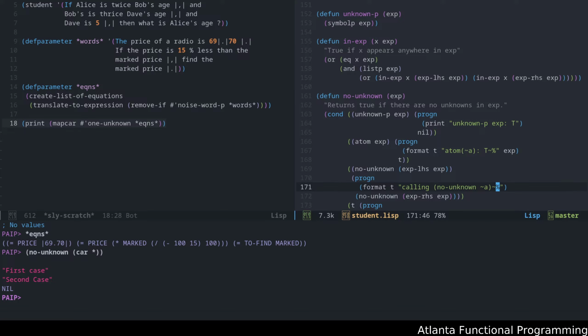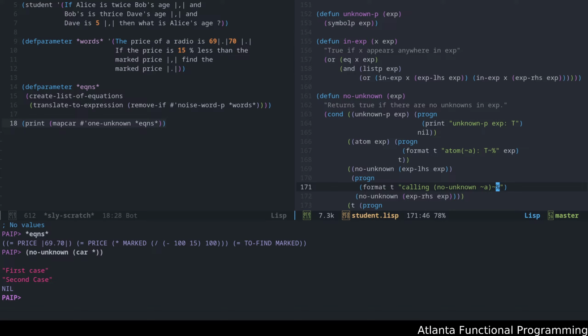So what I'm doing is wrapping this to see what no unknown is doing for the first case, because I would have expected it to recognize that price equals 697 technically means that there isn't any unknown. Price is the equation. So it should be able to do the substitution. But I don't know if it's because as it's parsing through, it's recognizing that there is exactly one unknown or whatnot.